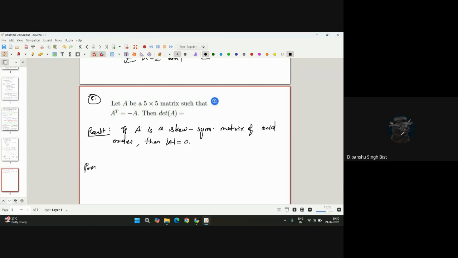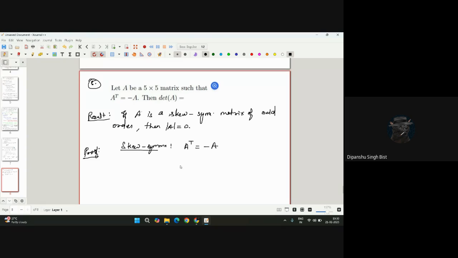So let's prove it. First it says skew symmetric. Skew symmetric means it's a square matrix first, and it follows the property A transpose is equal to minus of A. Skew symmetric means A transpose is just equal to minus of the matrix.